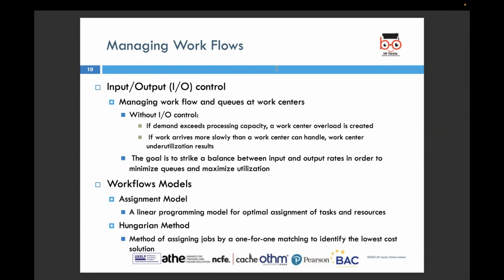This leads to a backlog of tasks, delays in processing, and decreased overall productivity. On the other hand, if work arrives more slowly than a work center can handle, we face work center underutilization. This means that the work center is not operating at its full potential, resulting in wasted resources and inefficiency.